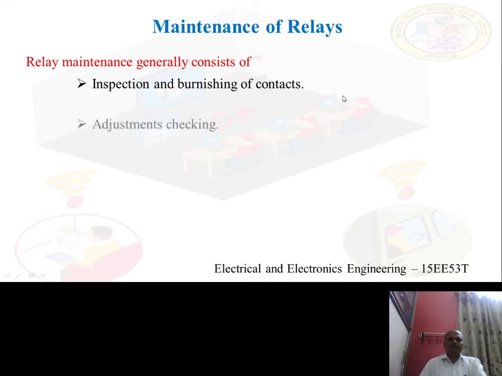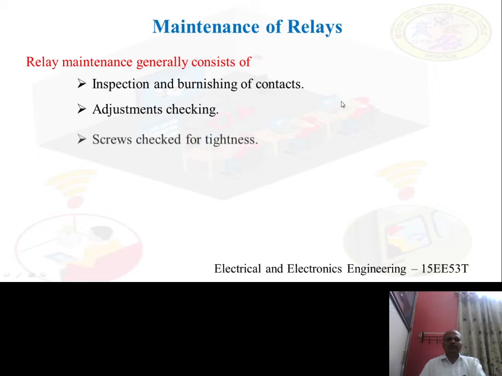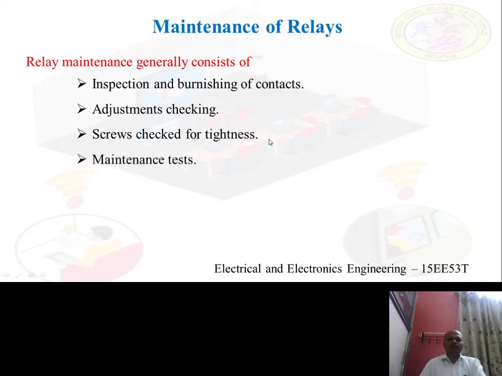Adjustment setting, we have to check the different adjustment settings of the relay. Screws checked for tightness. If any screws are loose, then tighten all the screws properly. Then conduct maintenance tests.